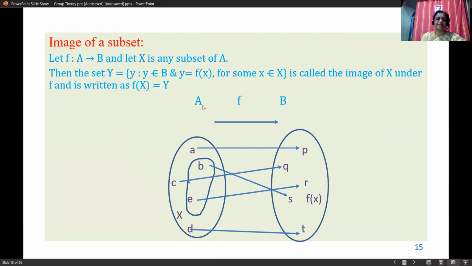Then let us consider their images. So if b is associated with s and e is associated with r, then we consider the set of all those images, the set of all images whose elements are associated with the elements of X. Then this f(X) is called the image of a subset.